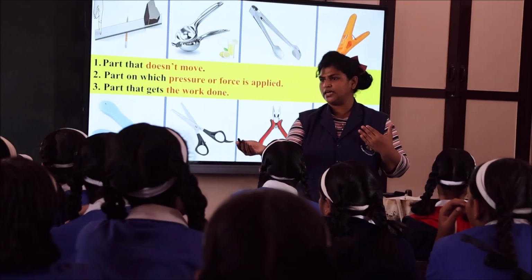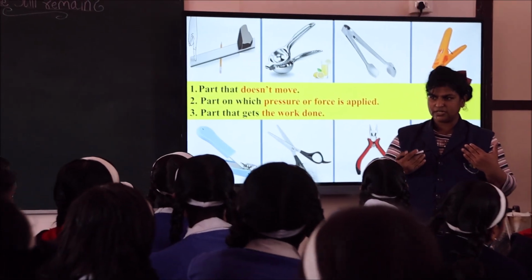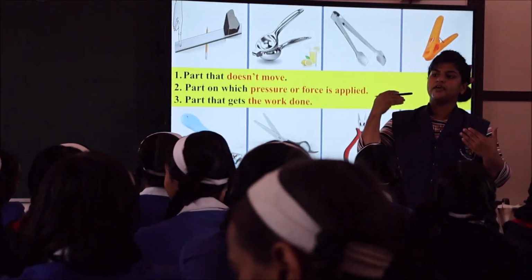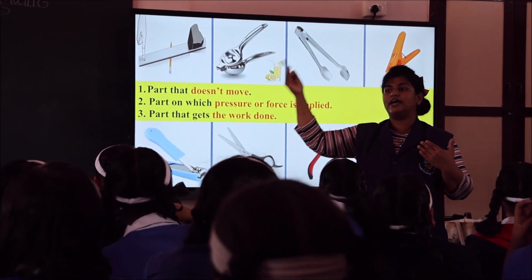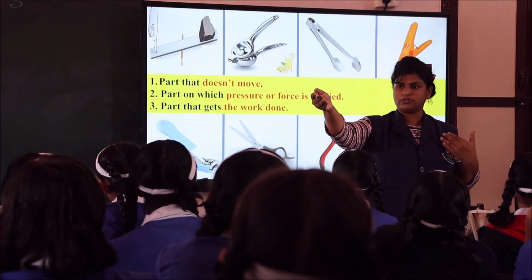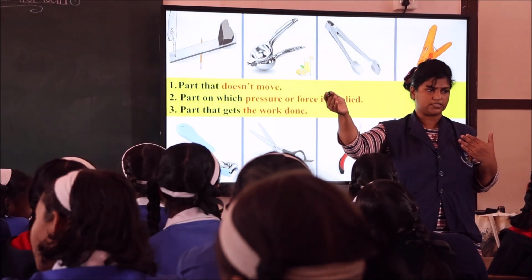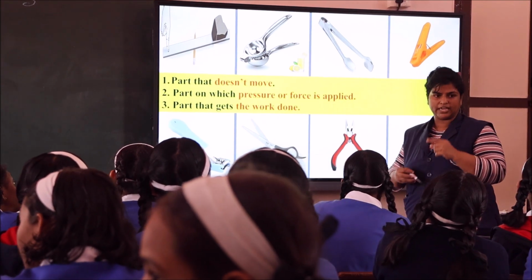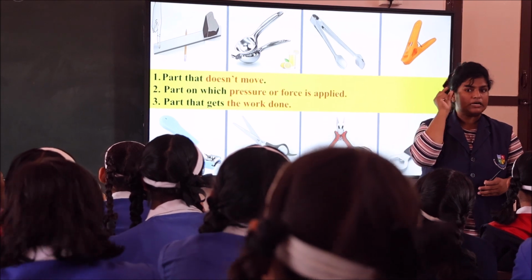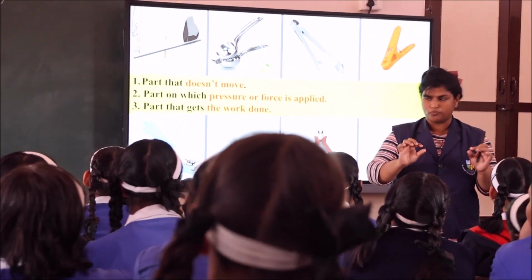Listen to me. Later, you can continue. I am giving you time to get to your decisions. So, first thing, you have to find out a part that doesn't move.